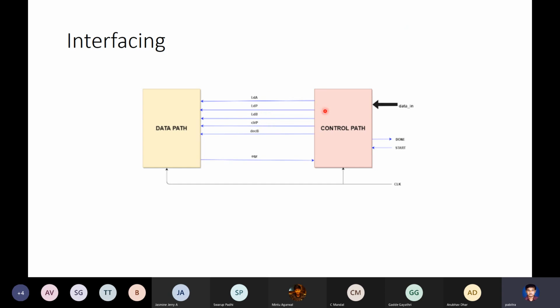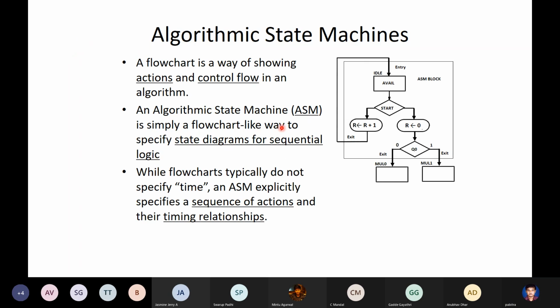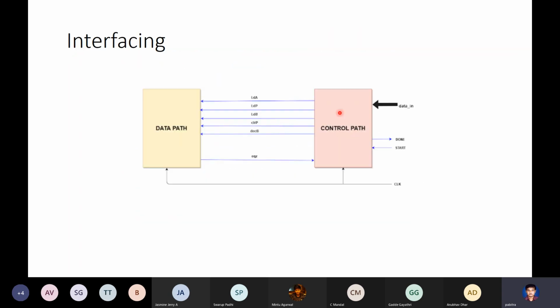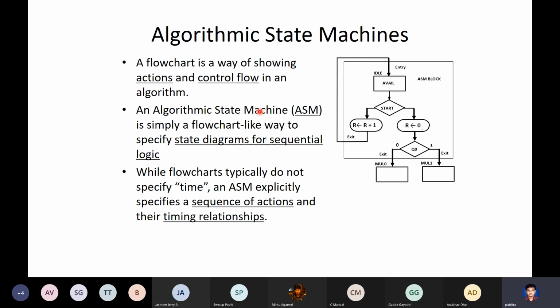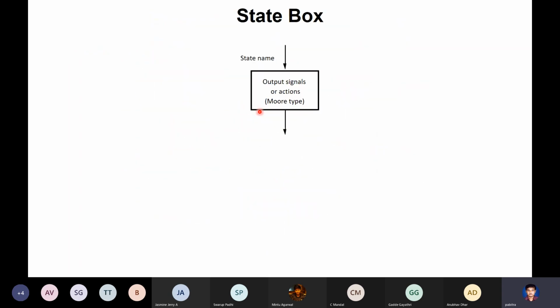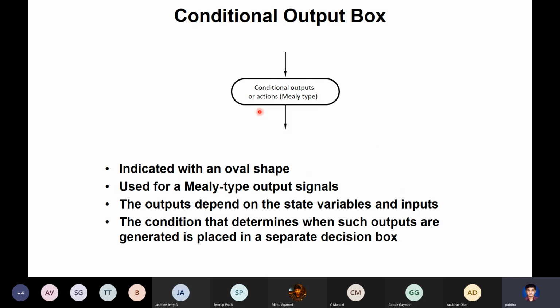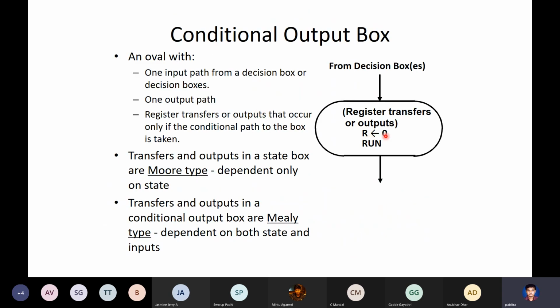The action of the output of the control path will be some load or clear commands, which we call register transfers, or register writes, or register reads. So you see here, these are all register writes. This is register clear, which is kind of a register write. So these output boxes, the actions will often be register transfers.